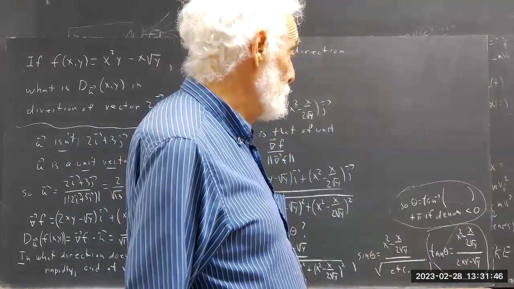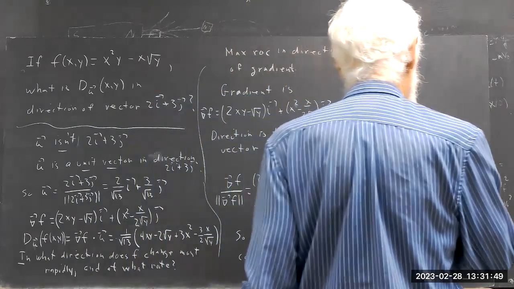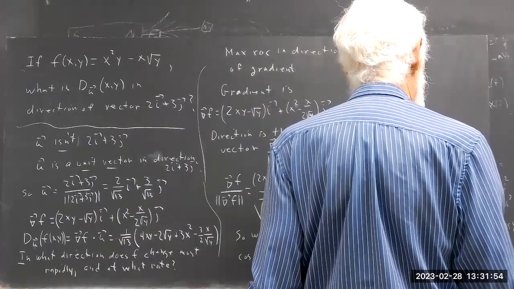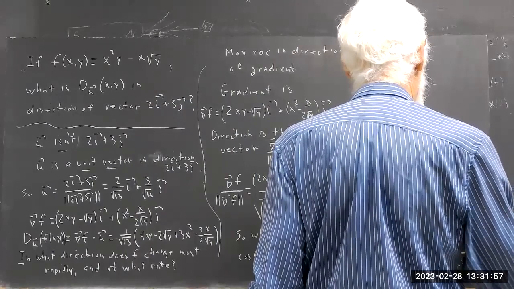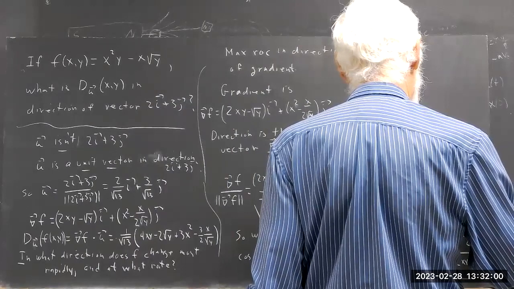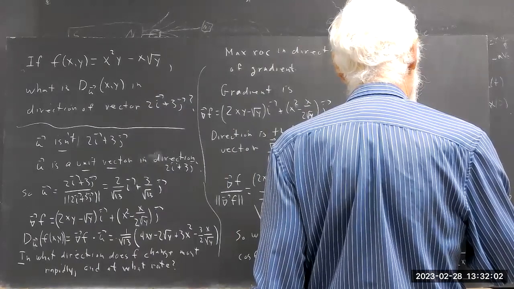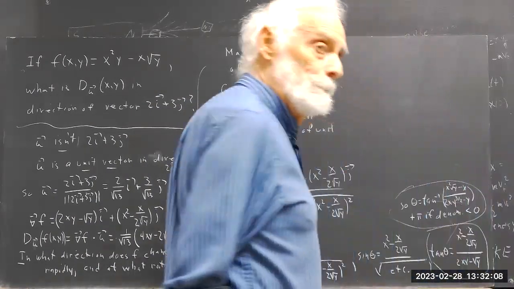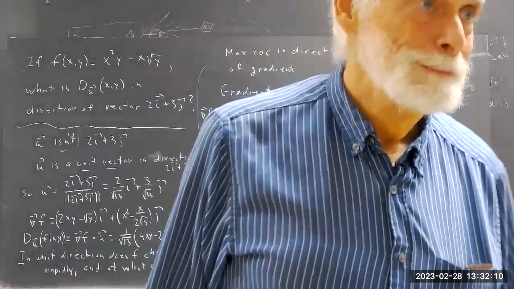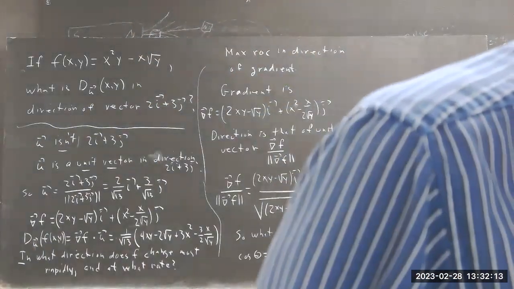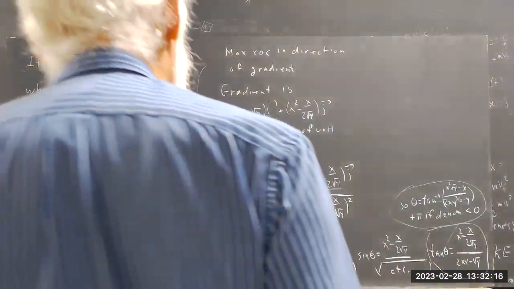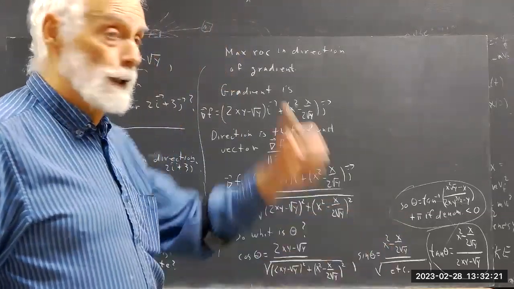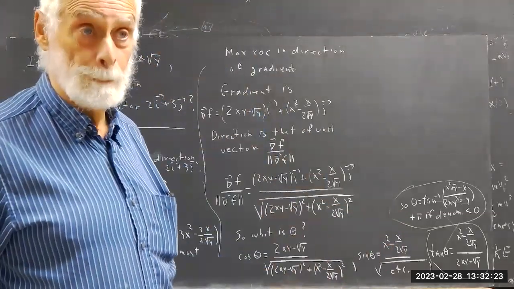Probably in simplified form, I can write it as x squared square root of y minus x over 2x minus 3/2 minus y. Maybe I put it that way. And that's not really what's important. What's important is to see that now you know the direction of maximum increase or decrease at any point.